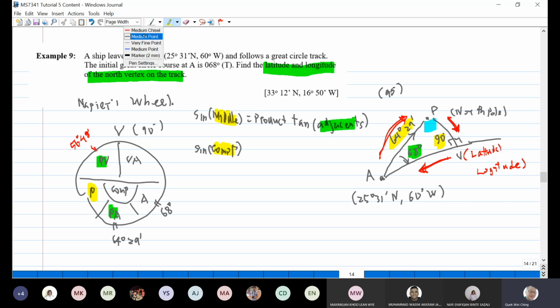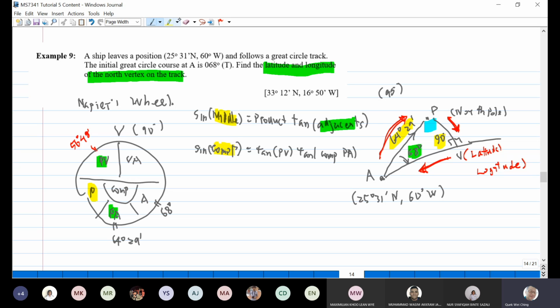This is equal to the product of the tangent of the adjacent parts. One of the terms is tangent PV. PV we don't need to complement, but PA we need to, because PA is in the lower half of the view.